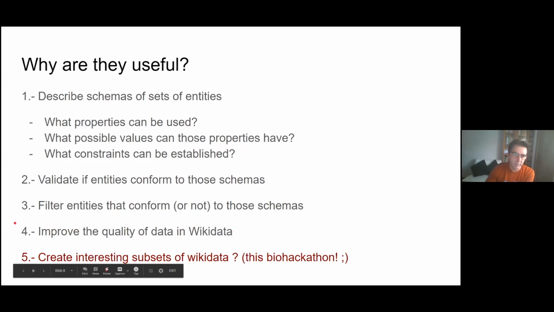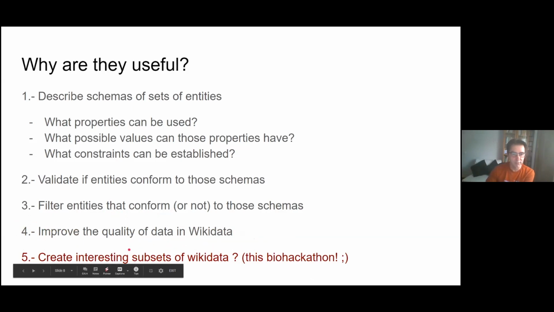I mean, in Wikidata, we have 90 million items, and it's growing. Not all of them have the right quality. So at the end, that's what we want, to improve the quality. But I added this for this biohackathon, so this is just new. And this is what we are trying to do in project 35.